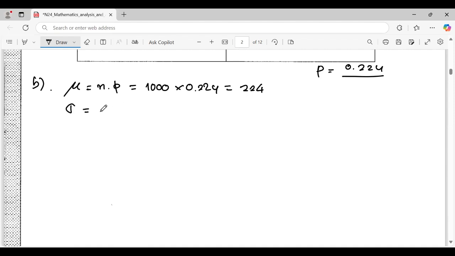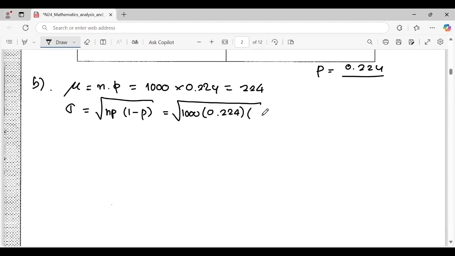Standard deviation equals the square root of np(1 minus p), which is the square root of 1,000 times 0.224 times (1 minus 0.224), the square root of 173.824, which is 13.18.